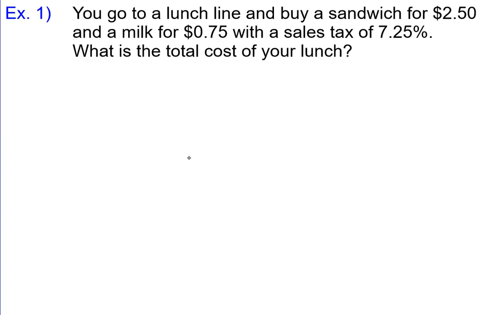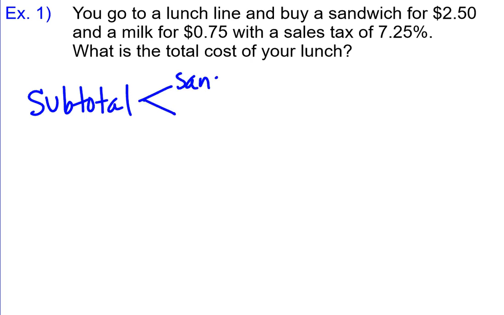Here's a story. You go to a lunch line and buy a sandwich for $2.50 and a milk for 75 cents with a sales tax of 7 25/100%. What is the total cost of your lunch? Well, first of all, we've got to get a subtotal of our lunch. What are we adding up to get our lunch? Well, we bought a sandwich and we bought some milk.